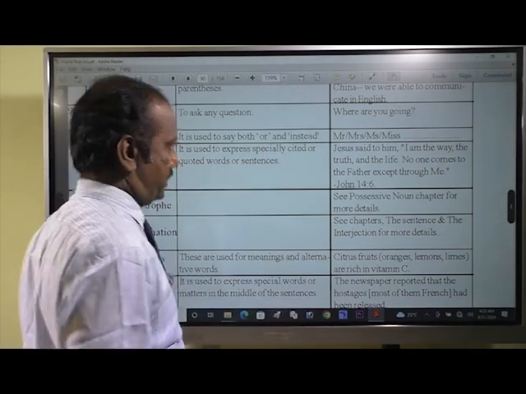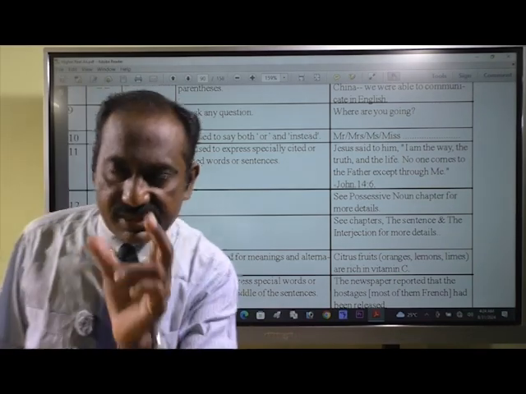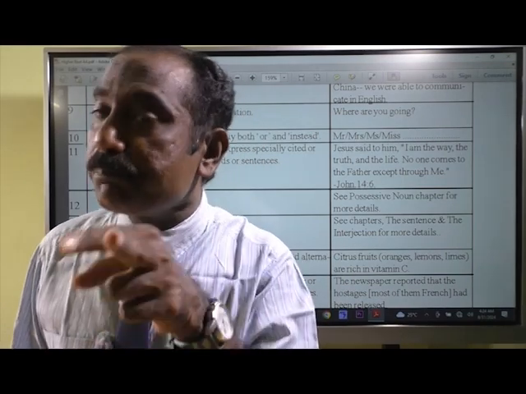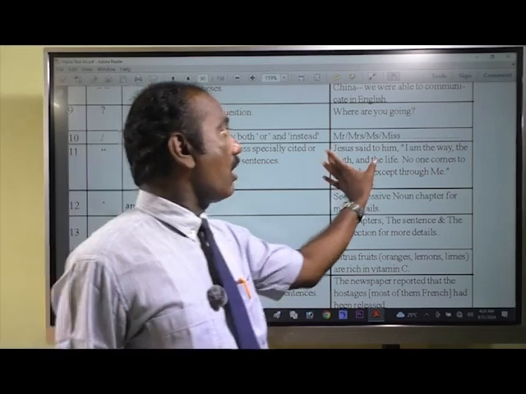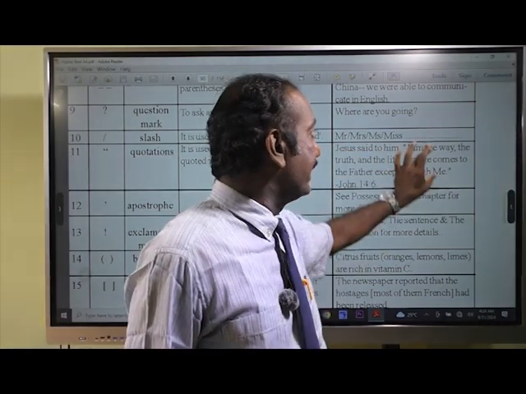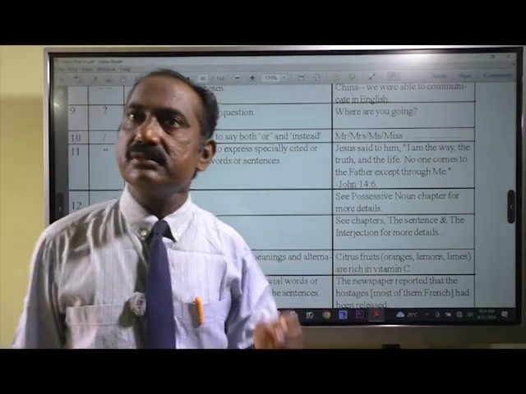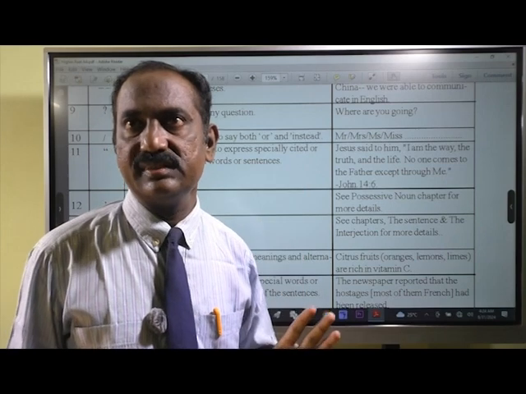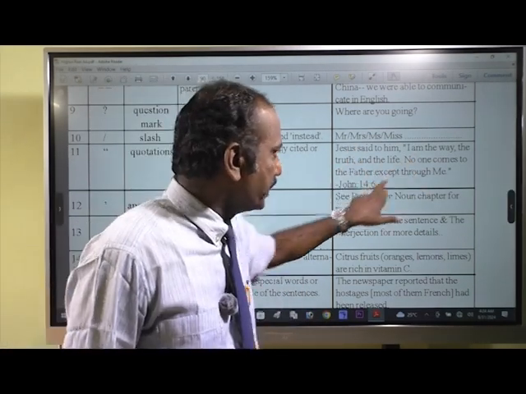In the same way, quotations. Quotations are especially used for special phrases in a sentence or special sentences in a paragraph. Especially in direct and indirect narration, there is the reporting verb part and the reporting speech part. Reported speech means direct narration. In reported speech, there are two parts, the reporting verb part and the reporting speech part.